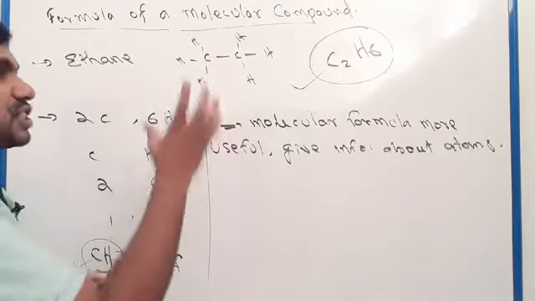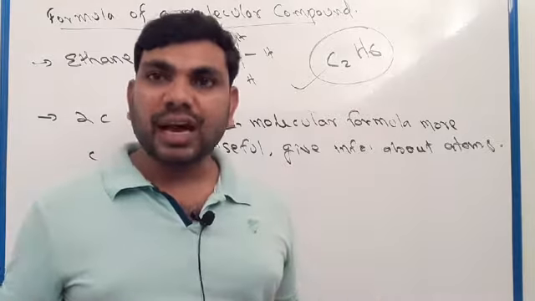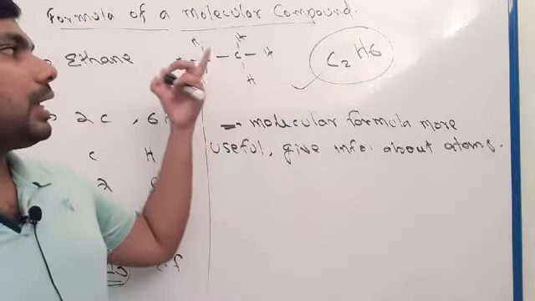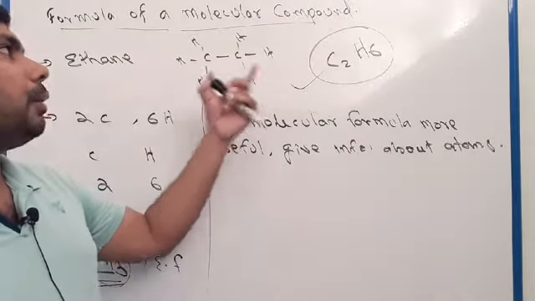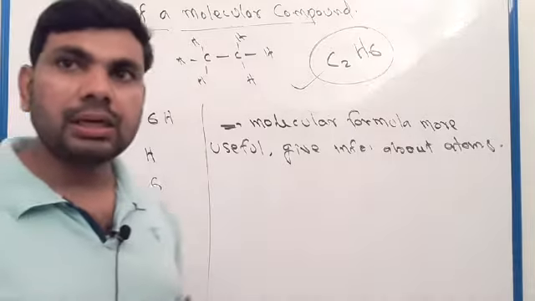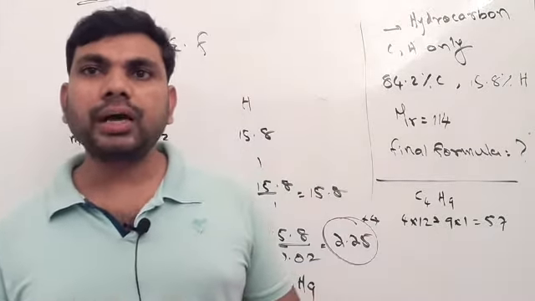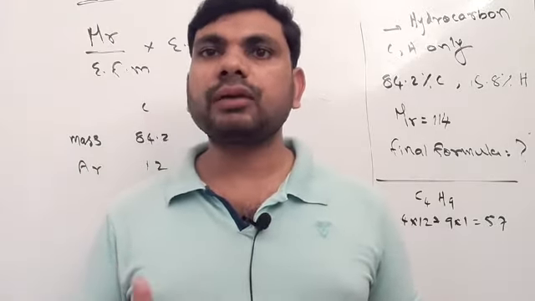Clear? So this type of structure gives you information about the different types of atoms present in a molecule, and we can say the final formula of the compound based on this structure. Clear?